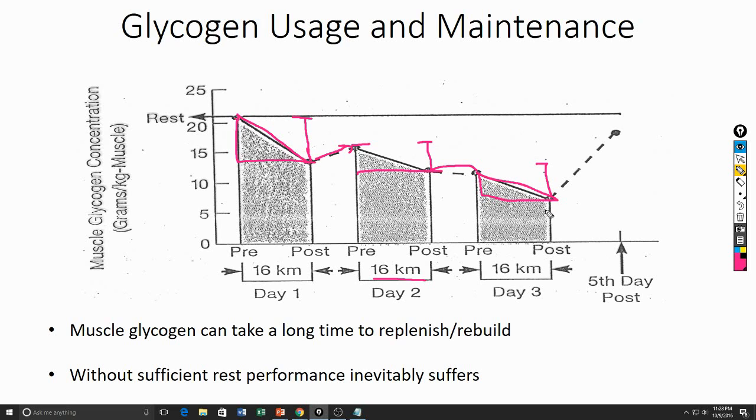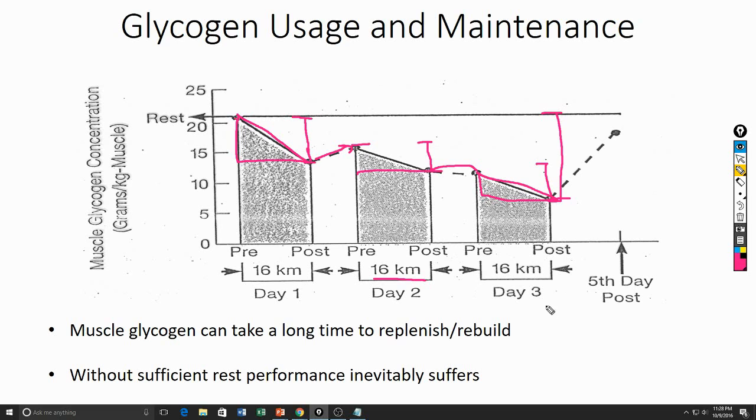So the cumulative effect of this is a significant drop in the amount of stored glucose in the body. And the problem with this is where you start running into overtraining in endurance sports: if people don't give themselves enough time to rest, they don't have enough time to replenish muscle glycogen. And that will have a significantly negative effect on subsequent performance.